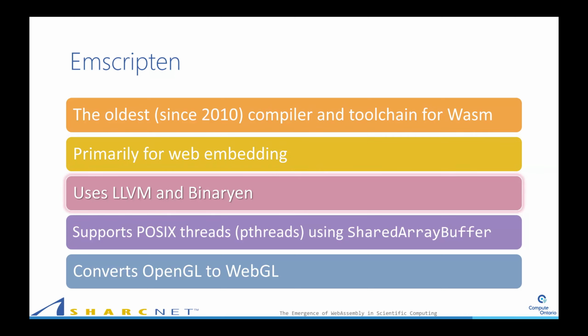It's based on LLVM and Binaryen, and supports pthreads on browsers that have implemented and enabled shared array buffers. So there is some hope for parallel runs, at least using Emscripten. And it can also convert OpenGL calls to WebGL.